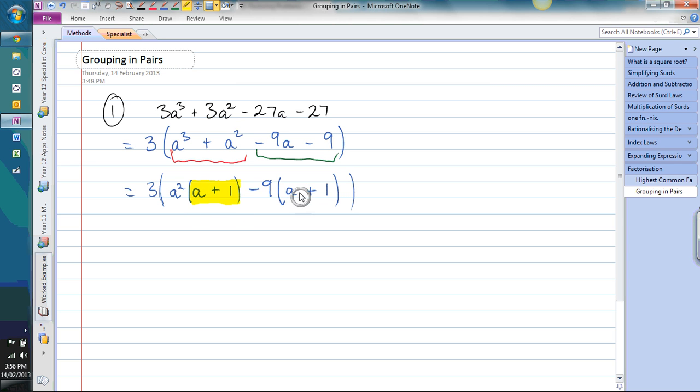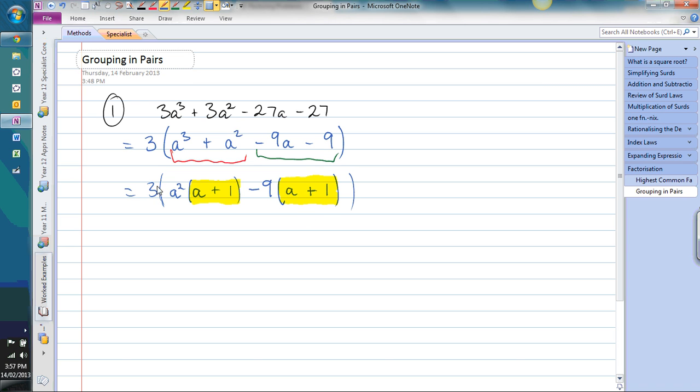And you'll notice that there's also an a plus 1 over here. And with any grouping in pairs problem, we will always rig it so that this happens. We'll always make sure that when you do this grouping in pairs, you'll get the same expression in the brackets in both terms.